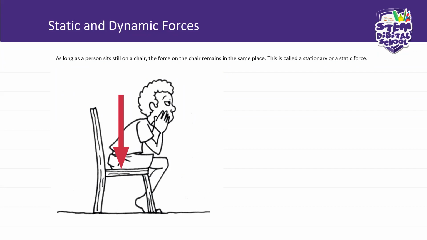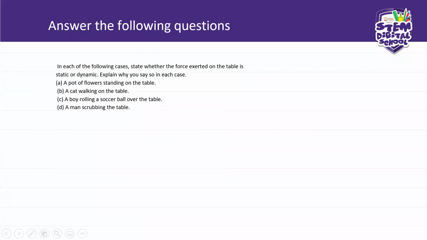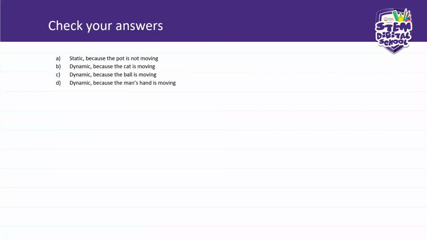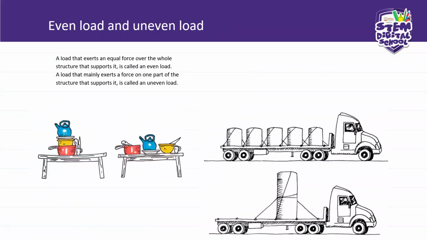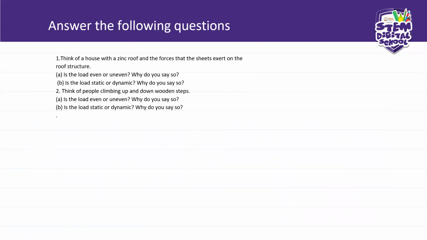That is static force. Or you can say it is force that is exerted by an object that is not moving. I will mark that one correct too. So those are your forces, the dynamic and the static forces, even and uneven load.